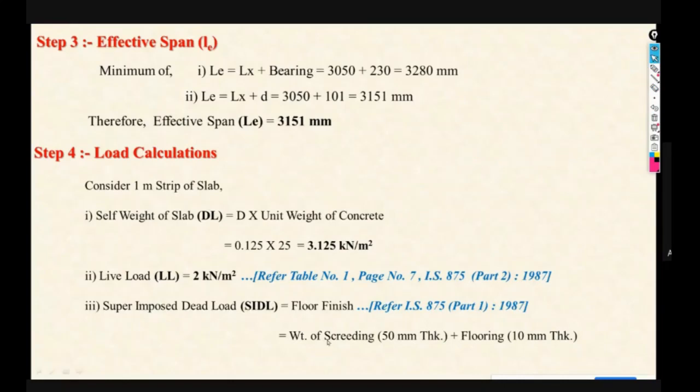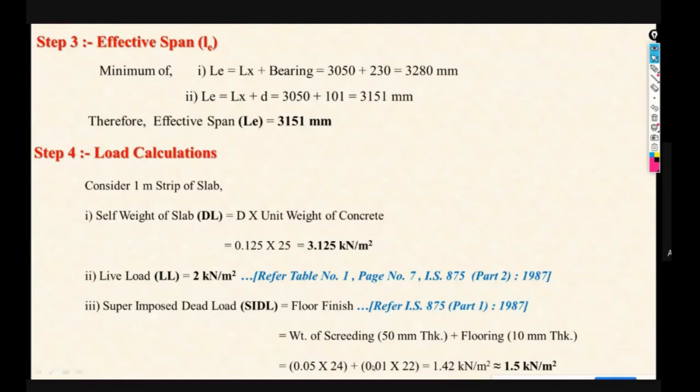Now if you compare with the one-way slab, in the one-way slab we considered that particular slab for the toilet. For the toilet, a sunk is there, but now this slab we have considered for one room, so a sunk is not there. If you see over here, we have considered only screeding and flooring. Screeding is 50 mm and flooring is 10 mm.